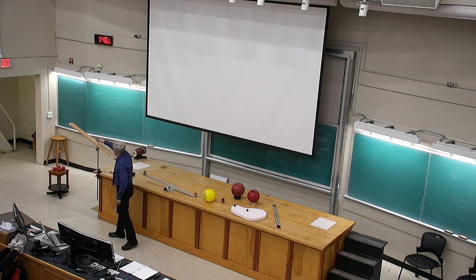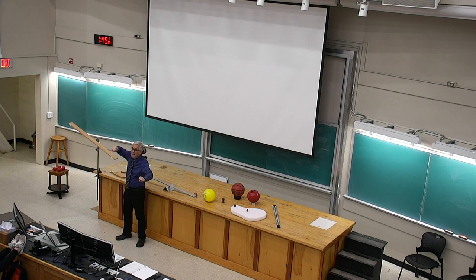You want to come a distance away from the pivot, and you want to exert the force, but not in any old direction. You want to exert the force at right angles, or something close to right angles, relative to the line from the hinge to where you push. From the hinge to where you push is not only a line, it's actually got a direction to it. It's a vector. It's called the lever arm.